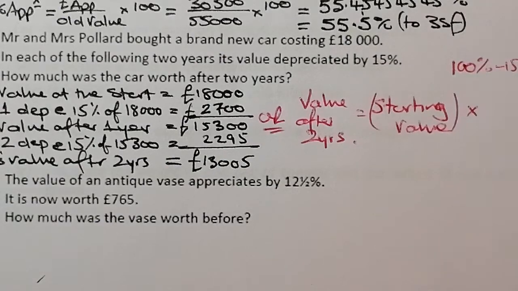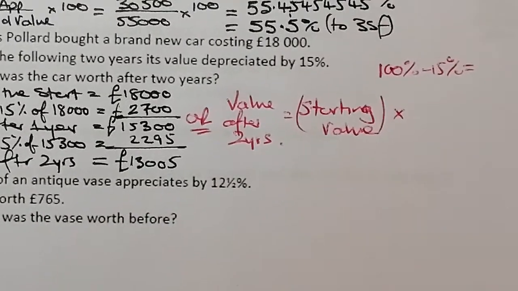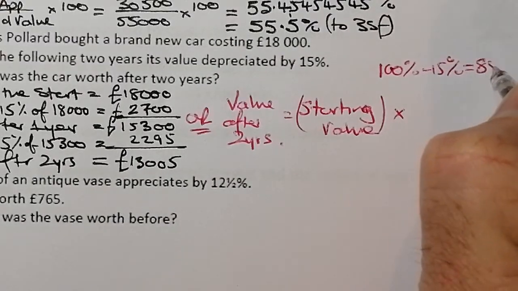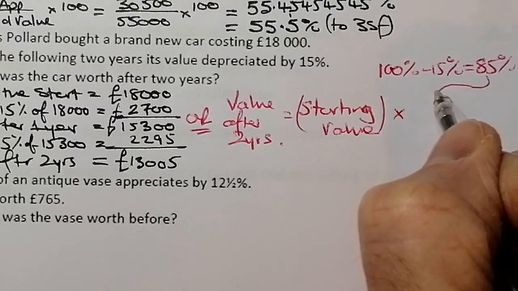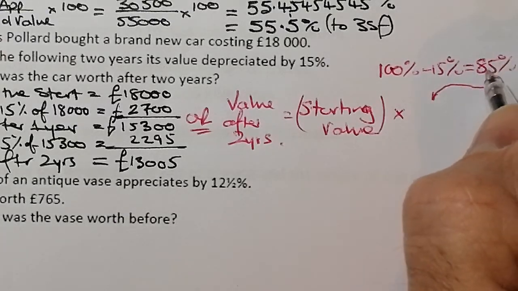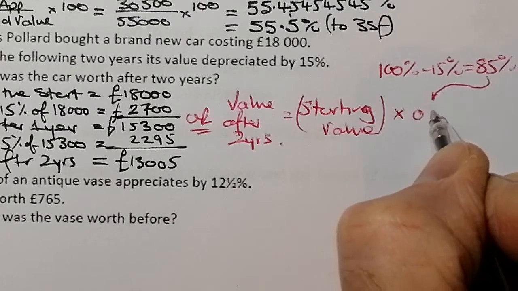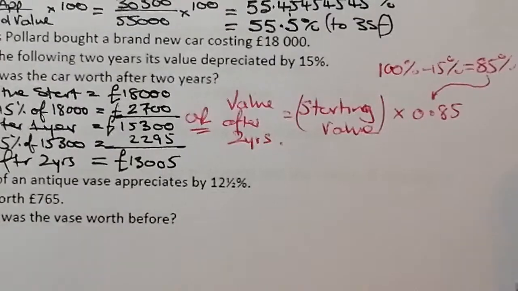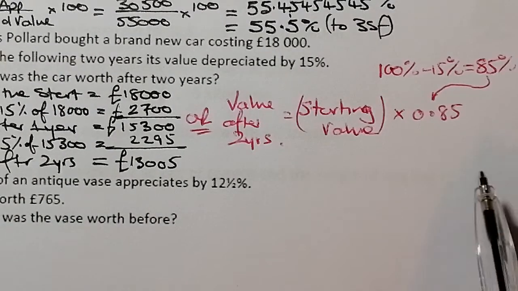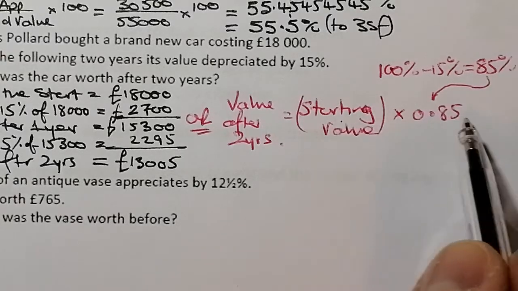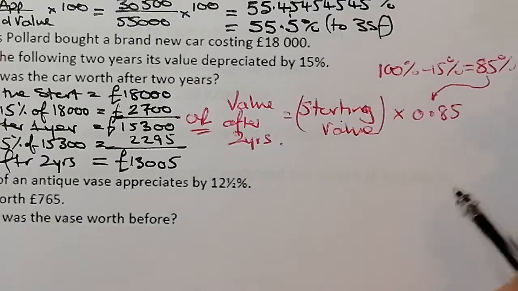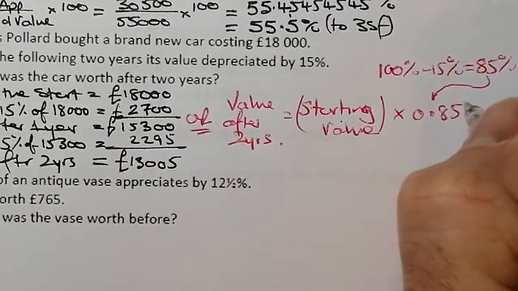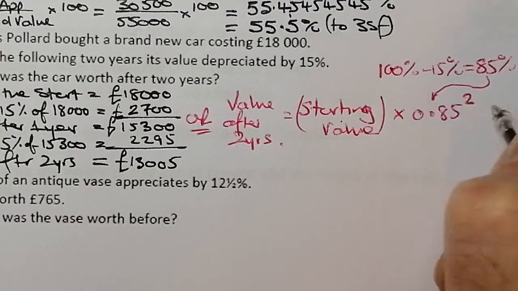If I take 15% away from 100%, I'm left with 85%. As a decimal, dividing 85 by 100 gives me 0.85. So that's the decimal I'm going to multiply by. Multiplying by 0.85 gives the value after 1 year, but because it's 2 years, I'm going to put a power in, to the power of 2.